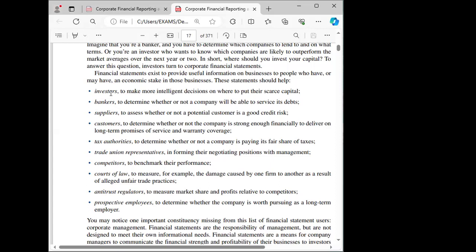So you want to calculate the relationship between two or more figures in the financial statement, and that relationship is what we call a financial ratio. These ratios are useful dependent on the purpose of the analysis.